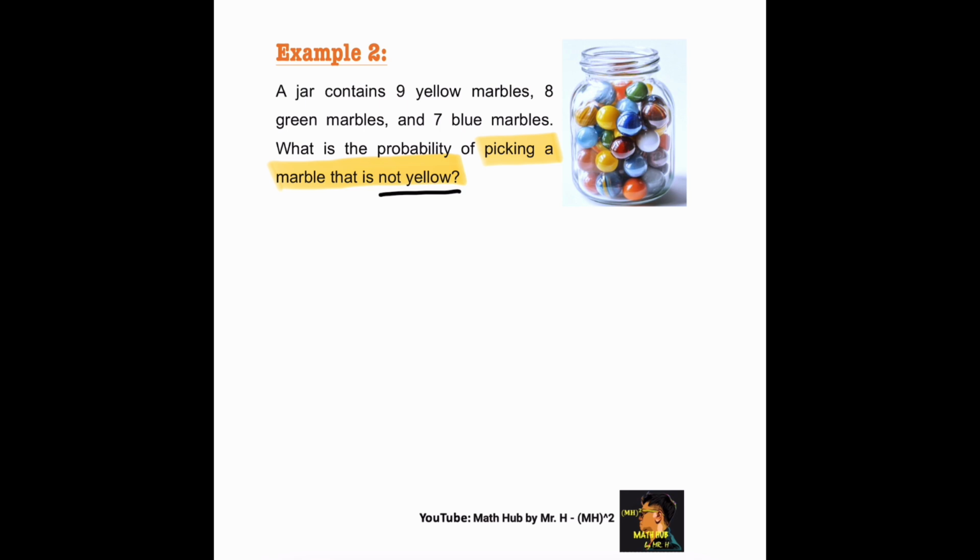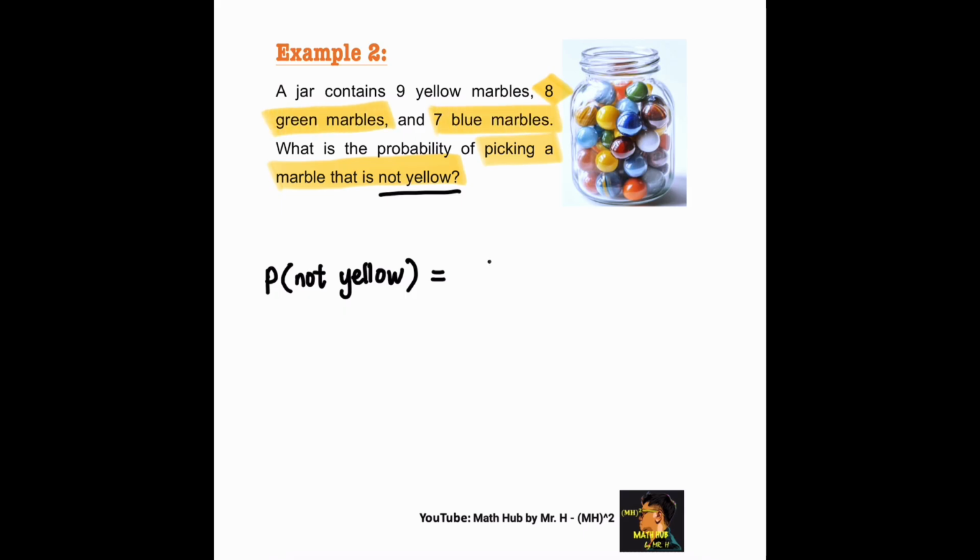All right, to calculate the probability of picking a marble that is not yellow, we start with the probability of not yellow, just to make it short. If it's not yellow, definitely we're looking at green and blue only, right? So we take the total green marbles and the total blue marbles.